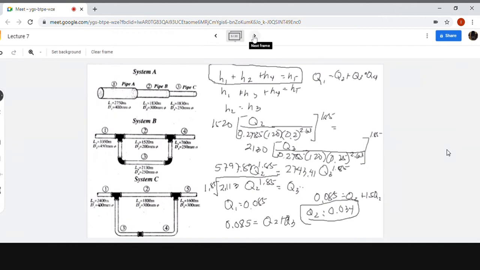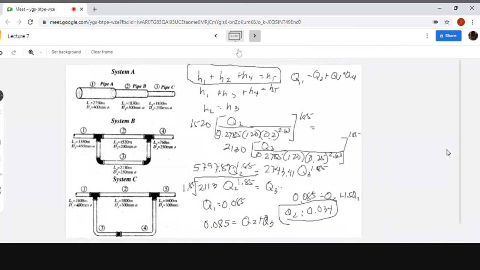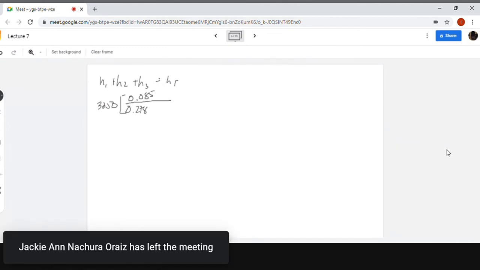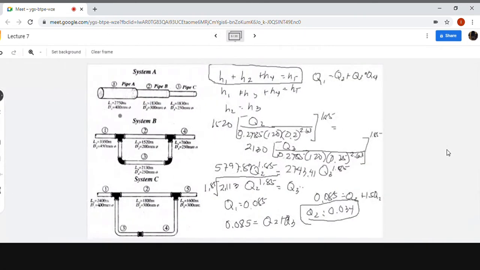So head loss 1: 3,350 times 0.085 over 0.2785 times C times D of 450, to the 2.63, to the 1.85. Then plus head loss 2.